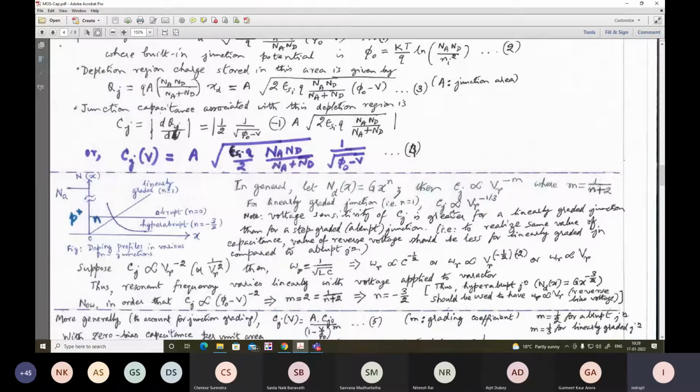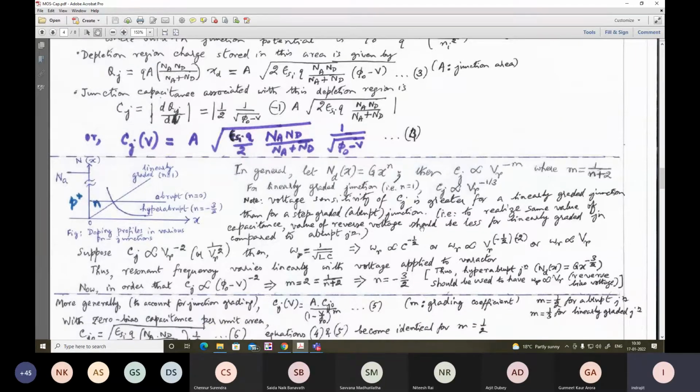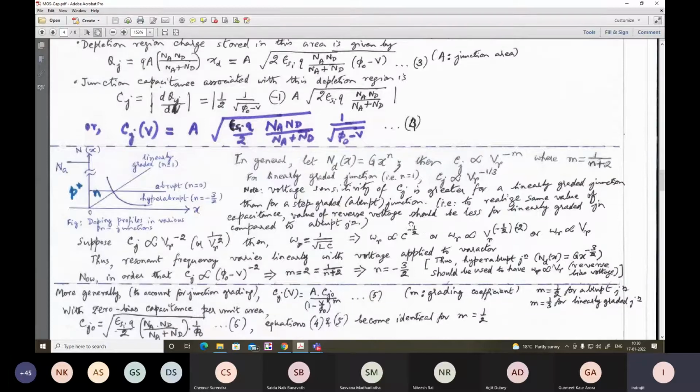I'm sorry that I'm taking your attention away from the main feature, but just note, as for the typical application, how the sensitivity of the capacitance to voltage happens for different grading.